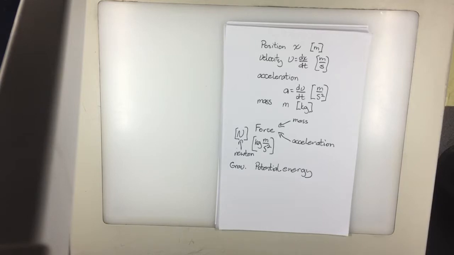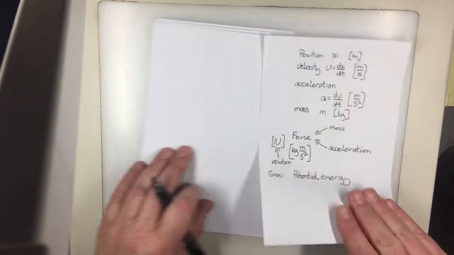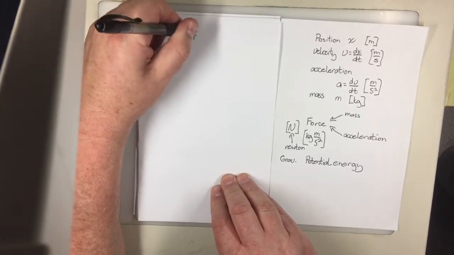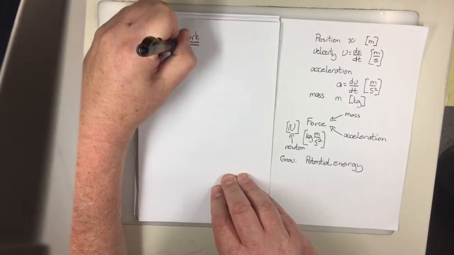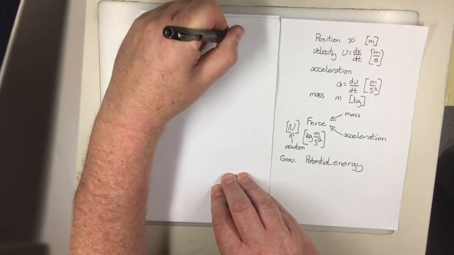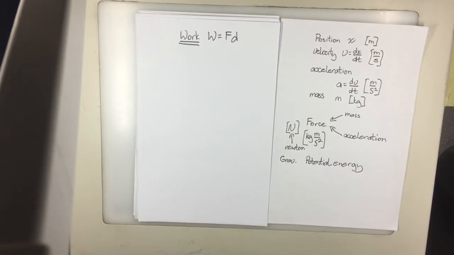Well, we got to introduce the idea of work. Work, which is typically W, is force times distance. If I apply a force for a particular distance, then I've done a certain amount of work or energy into the system.